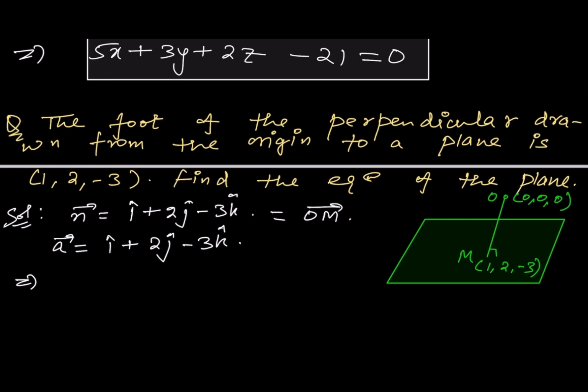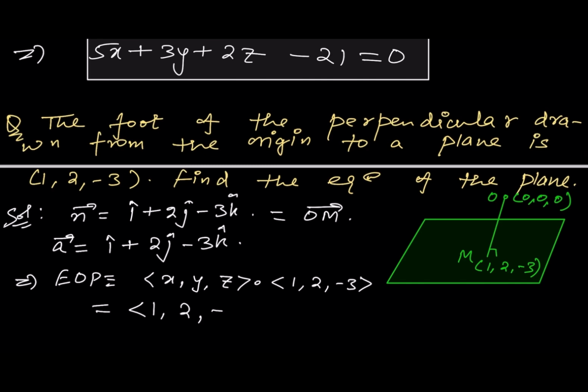So the equation of plane in this case is (x, y, z), that is r dot (1, 2, minus 3), is equal to a dot n, (1, 2, minus 3) dot (1, 2, minus 3).